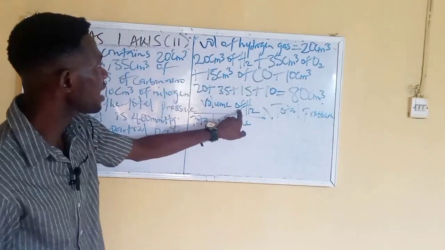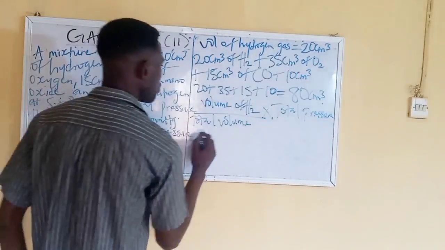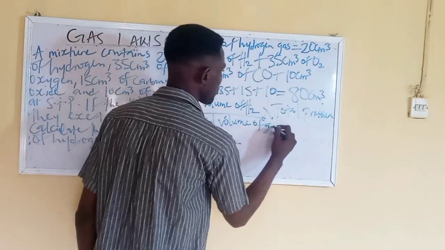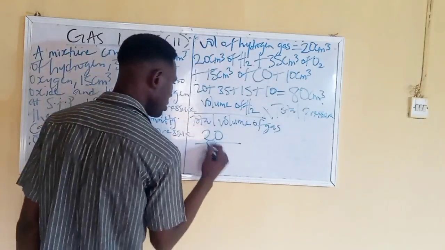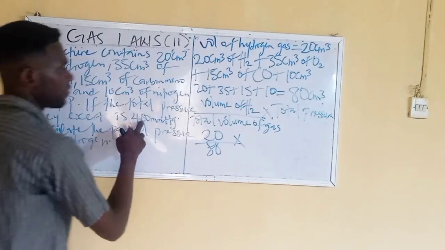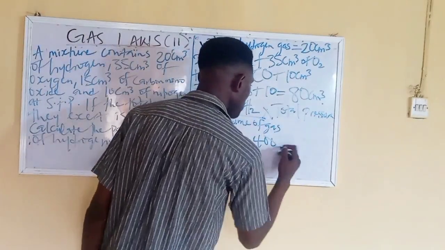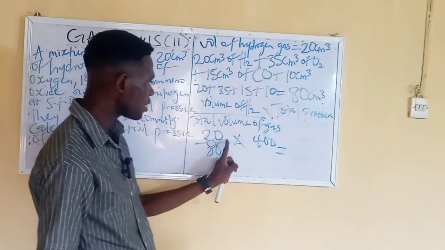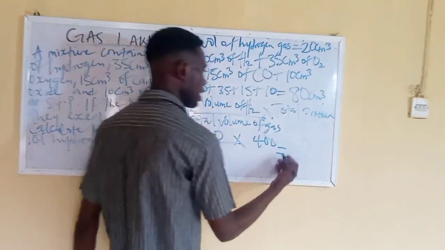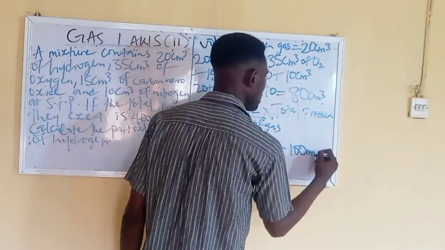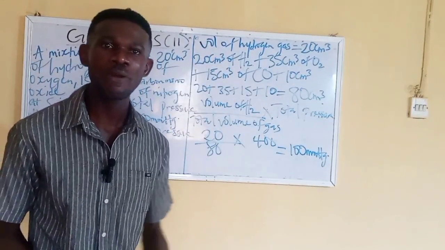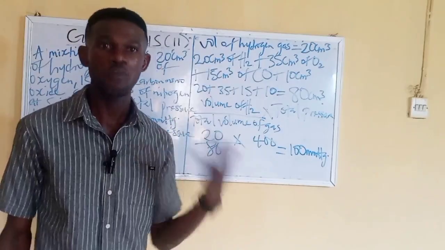The volume of hydrogen gas is 20, over the total volume of the gases, which is 80, multiplied by the total pressure, which is 400. 20 over 80 is the same as 1 over 4, and 1 over 4 multiplied by 400 gives you 100. So the answer is 100 millimeter mercury. This is as easy as it is to carry out calculations on Dalton's law of partial pressure.